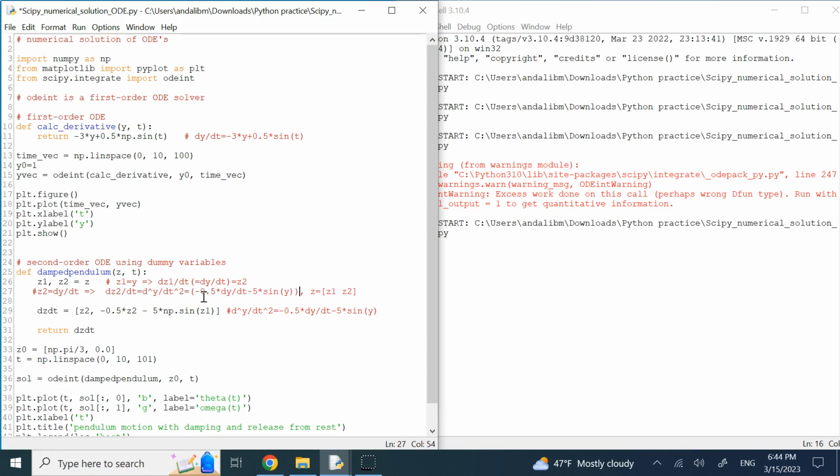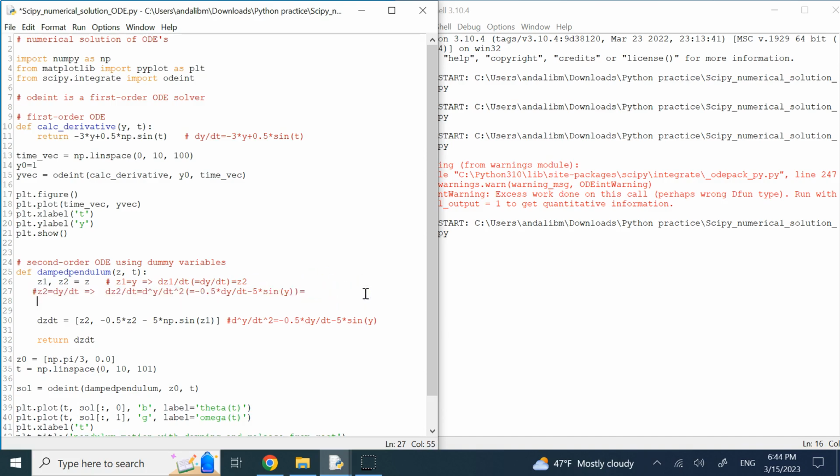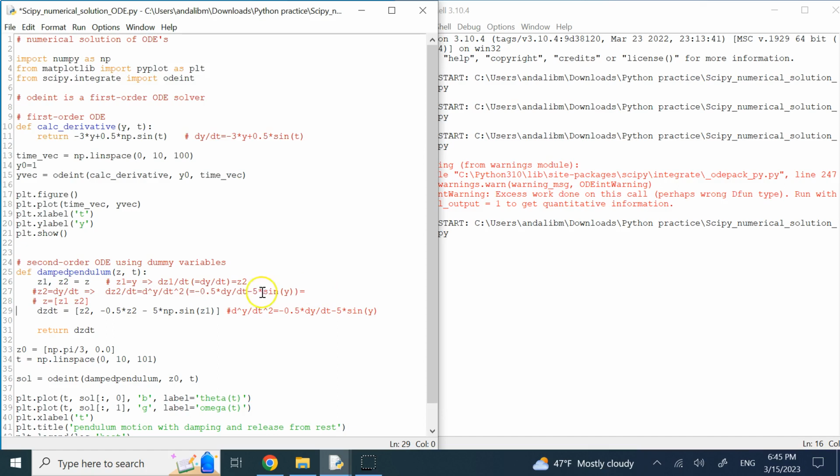And it's going to be equal to what? Now, what is it? Well, negative 0.5 dy over dt. dy over dt itself is Z2.